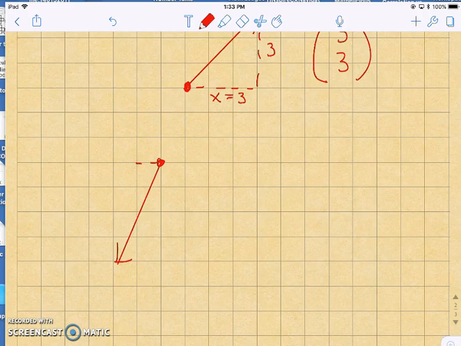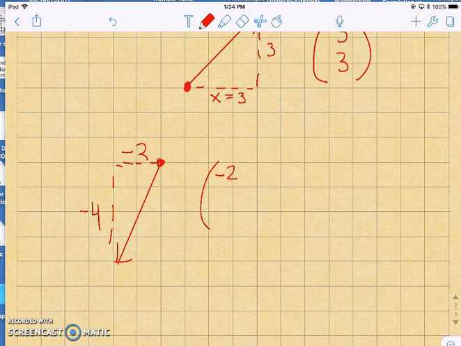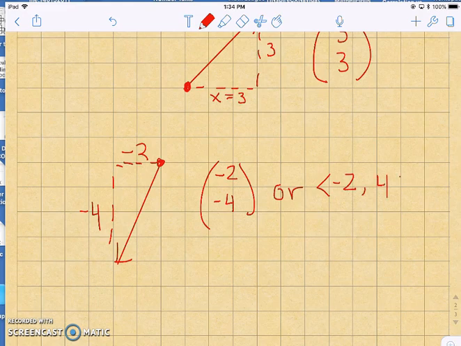If we were to make that right triangle, this vector, we'd say our x goes backwards 2, and down 4. So the vector would be written <-2, -4>. Or sometimes you might see it written horizontally as well. It looks much like a coordinate, like a point you're going to graph, but it has those arrows instead of parentheses.